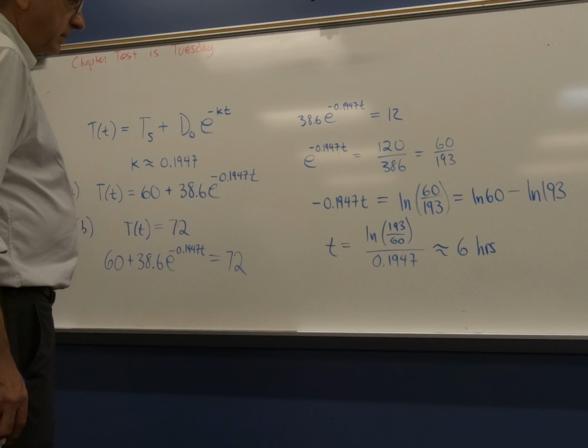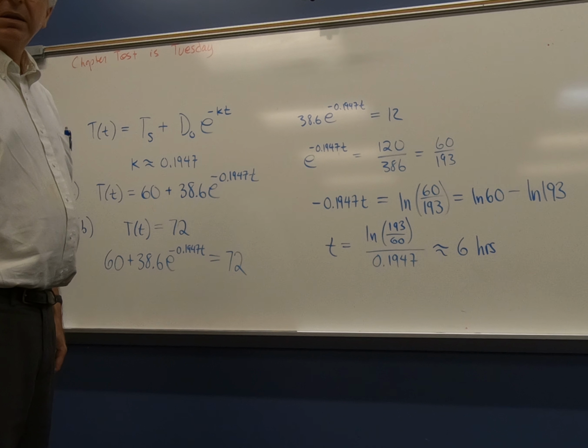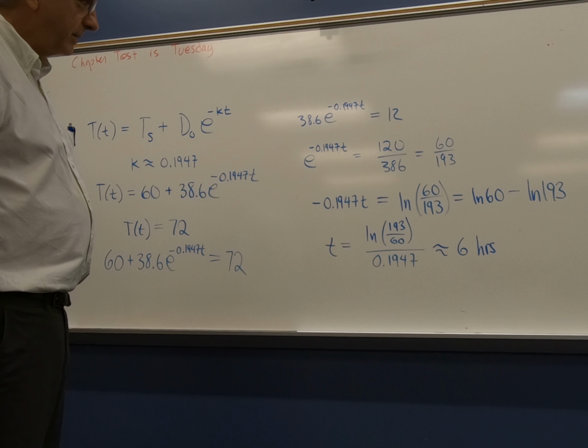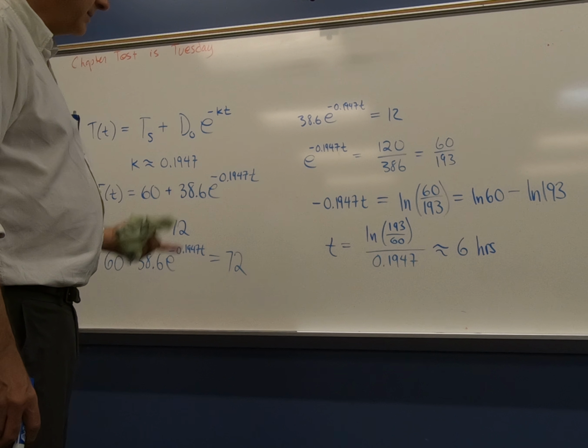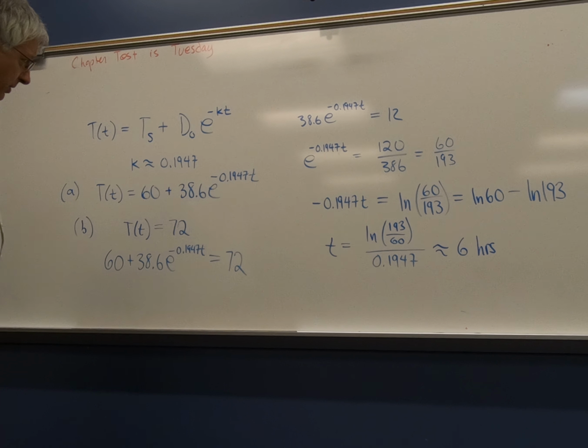Yeah. So you see this in the TV dramas all the time, right? They estimate time of death, and somehow the coroner is able to do that. So this is how they're able to do it, although this 0.1947, I think that's actually a parameter that is much more sensitive to other factors, right?